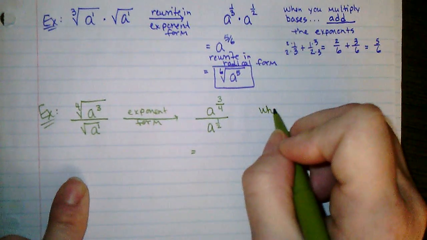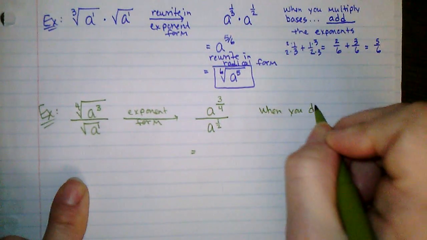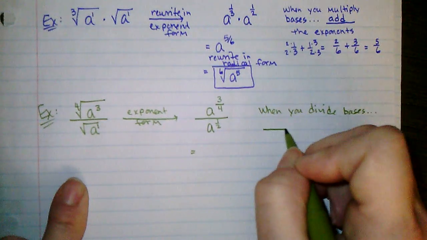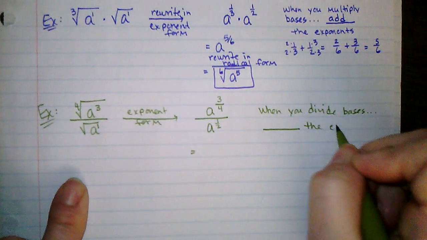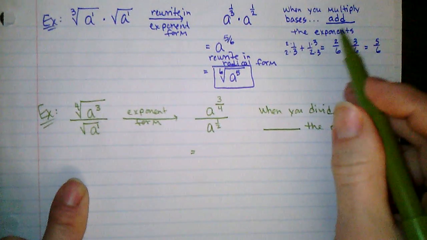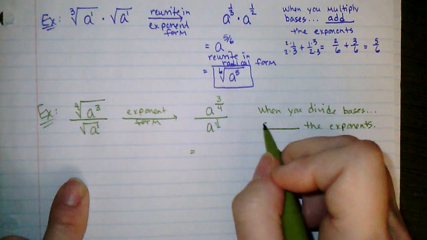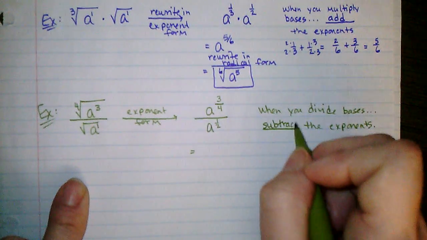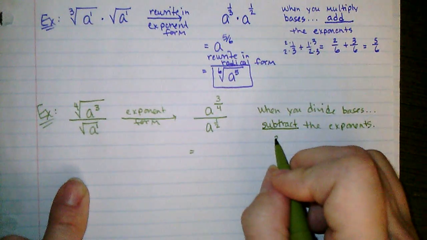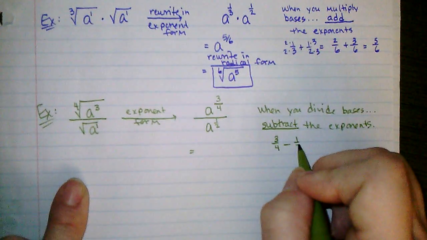Now remember, when you divide bases, what do we do with the exponents? Well, when we multiplied them, we added them. So when we divide, we subtract them. So I am going to do 3/4 subtract 1/2.